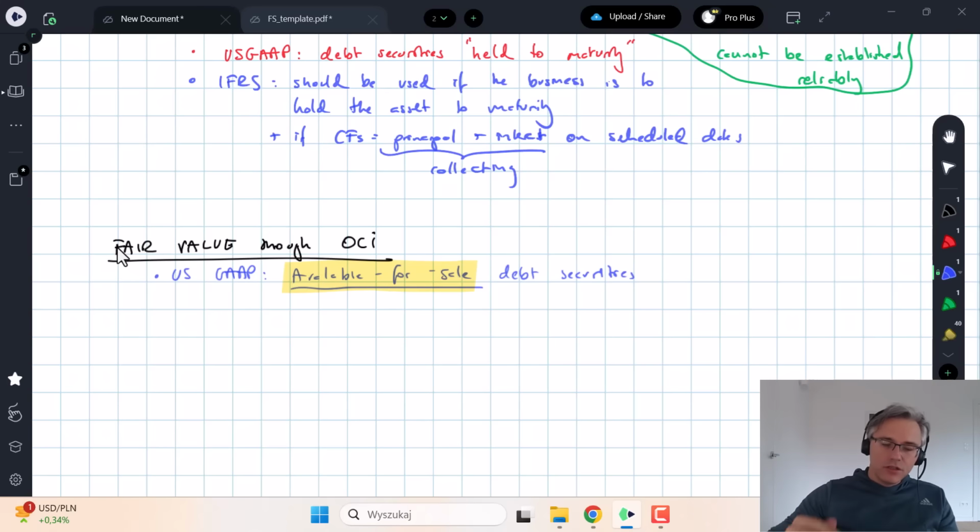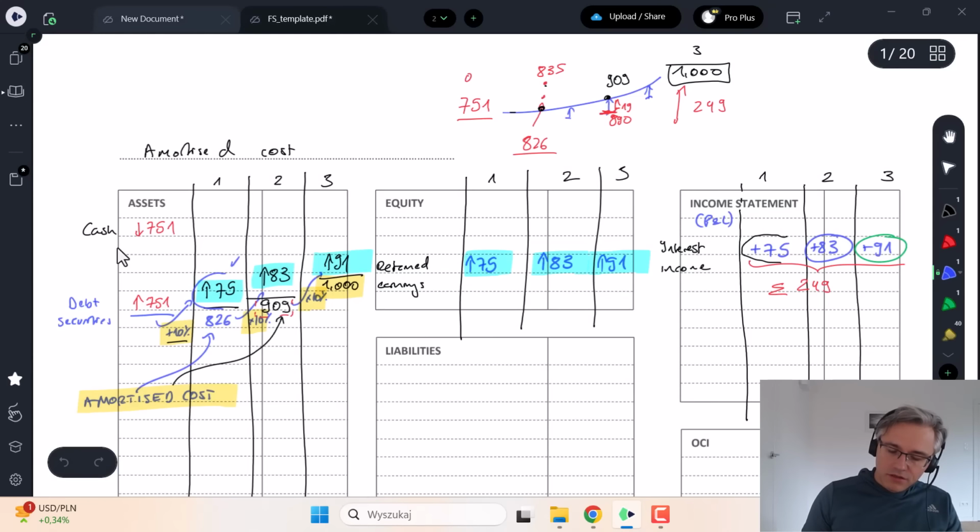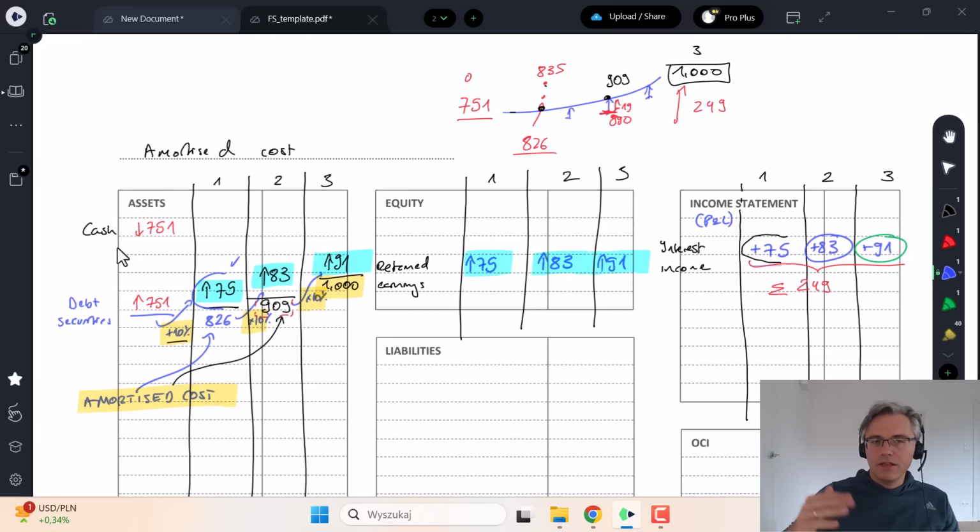In the balance sheet, you're forced to constantly show the present, the current fair value, but at least your P&L is, let's say, protected from showing the full extent of the fluctuations. Your P&L functions in a sort of pre-programmed way, just like with amortized cost.